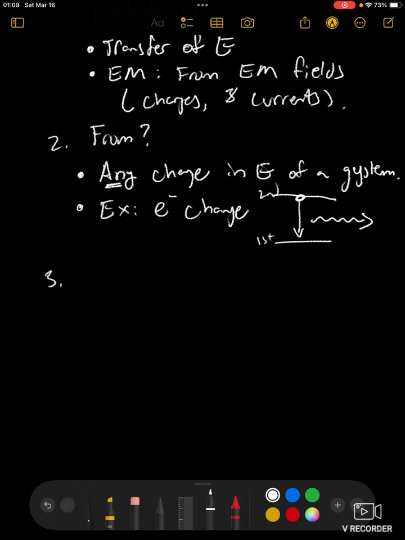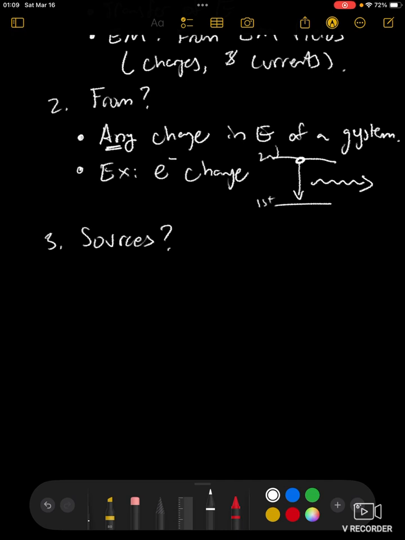So what are some sources that we see radiation from? Well, for starters, what allows the Earth to function? Well, the sun, or just stars in general. That's one source of radiation.